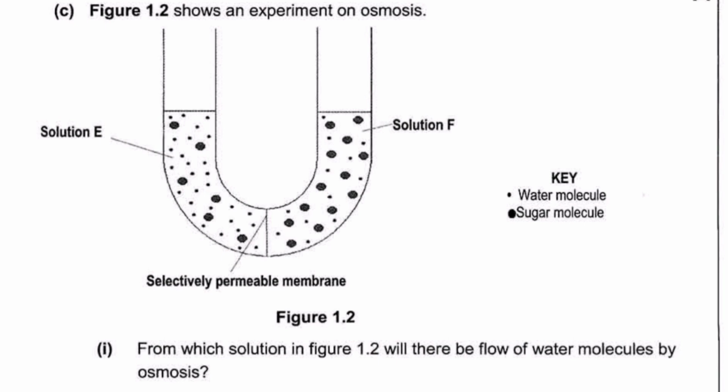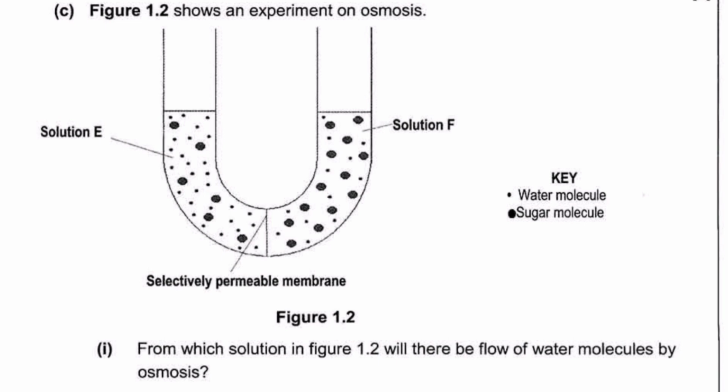A large black dot represents a sugar molecule. In which side between solution E and F are there more water molecules? As you can see, solution E has a lot of water molecules, and the side which has a lot of sugar molecules is solution F. So solution E is diluted; it has less concentration than solution F. But in terms of water potential, solution E has higher water potential than solution F. Let's now answer the questions.